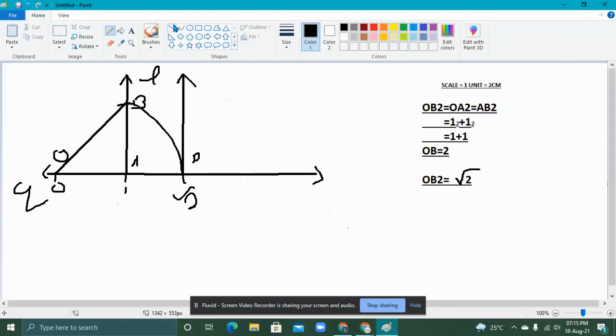This will be point C. Now you have to draw a line from point O to point C. After you have done this, you have to take the measure of the line OC, not 2 centimeter, OC.